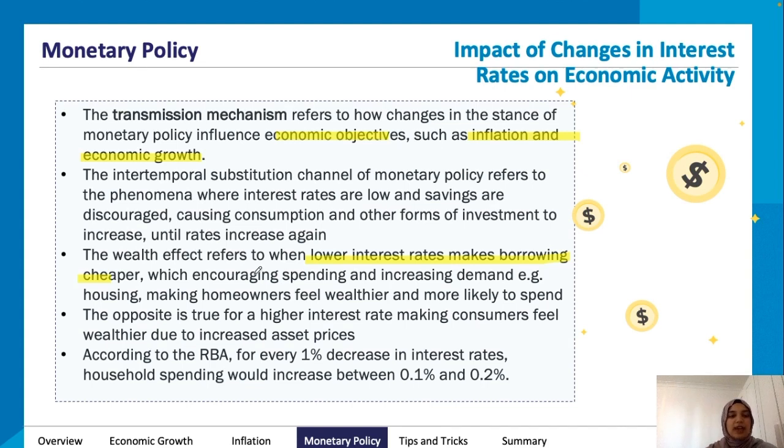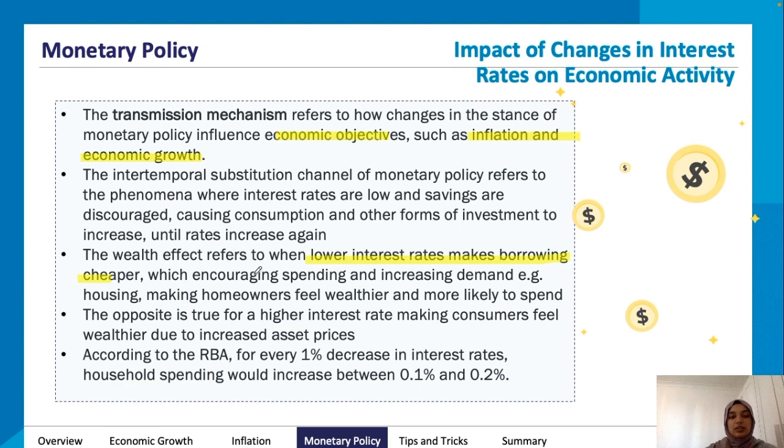For example, in the housing market, it makes homeowners feel wealthier and more likely to spend. They feel like, hey, I'm doing quite well, I'm happy to go out and spend a bit of money. The opposite also holds true when we're looking at the impacts of changes in the rates on the Australian economy or economic activity in general.